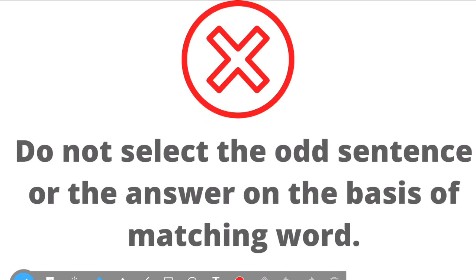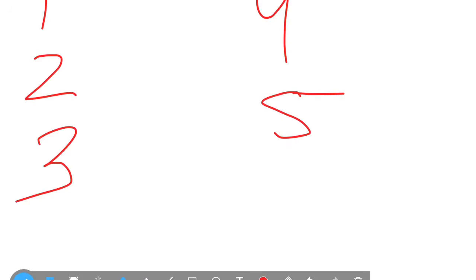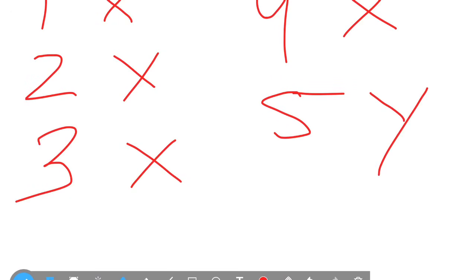The examiner will try to trick you with a matching word. For example, there are 5 sentences, and let's say 4 sentences are talking about X, and one of the sentences is talking about Y. Or maybe 4 sentences are talking about ice cream, and one sentence is talking about chocolate.